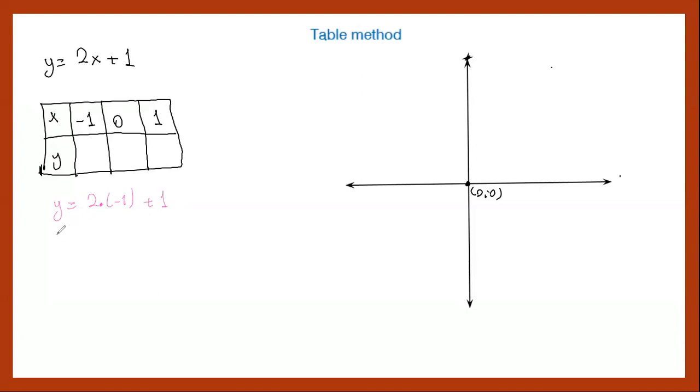Okay, then y equals 2 times -1, which is -2, plus 1. Isn't this going to be -1? Yes. Okay, then the one, -1, just place it here.